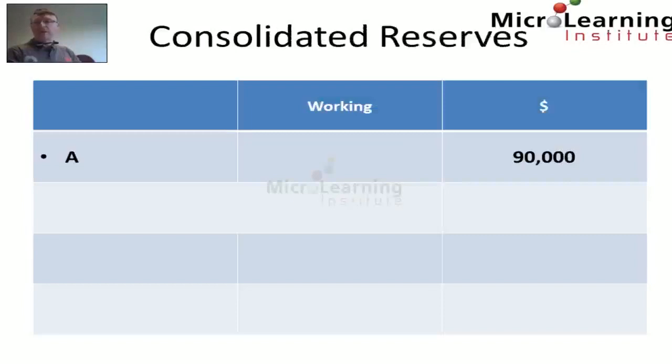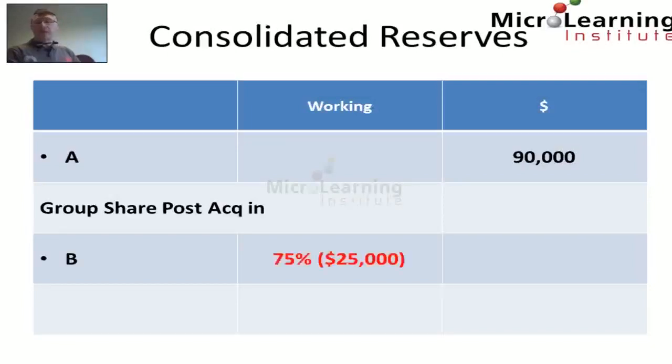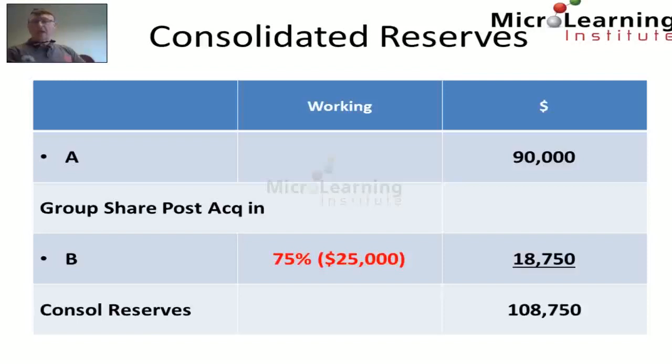The reserves of A are consolidated in total, that's 90,000, and we add the group share post-acquisition in B, which of course is 75% of that $25,000, which equals $18,750. So the consolidated reserves of the group at the date of preparation of the consolidated statement of financial position is $108,750.